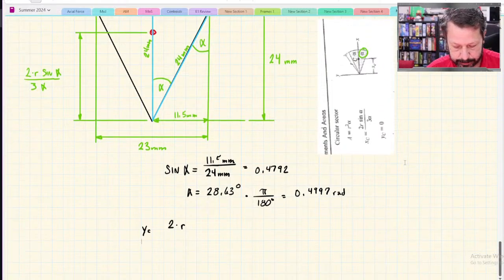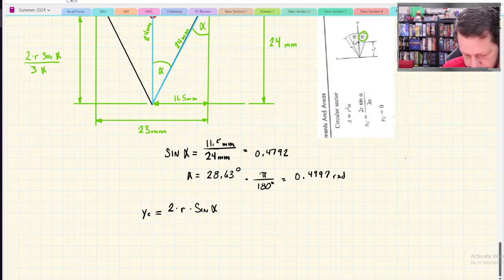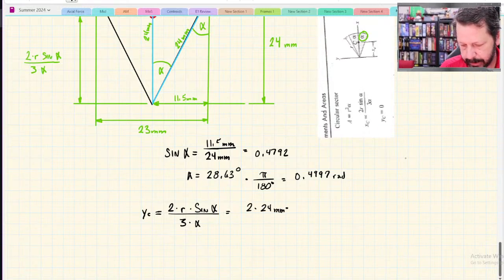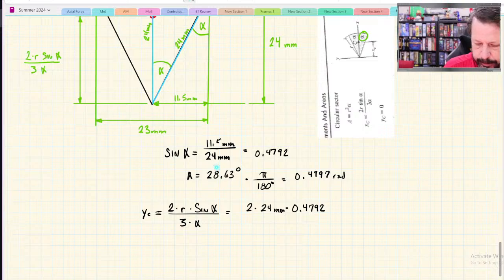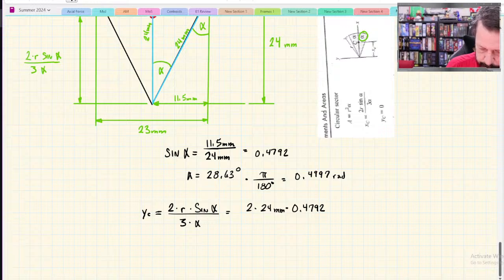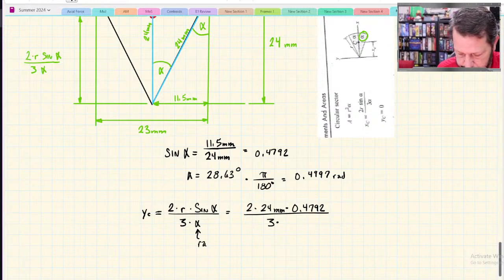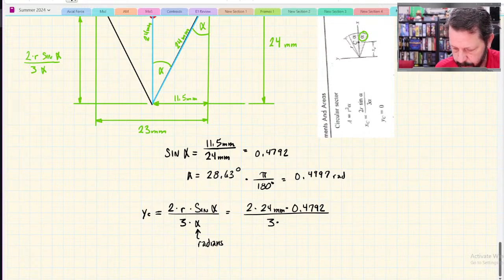So I'm going to call this y sub c. 2r times sine alpha over 3 times alpha: 2 times the radius, times sine of alpha is 0.4792, which I have from where we calculated it up there, over 3 times alpha in radians. So this alpha needs to be in radians, and that's what we did, the multiply by pi over 180.